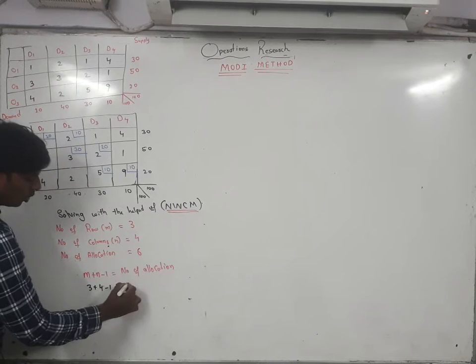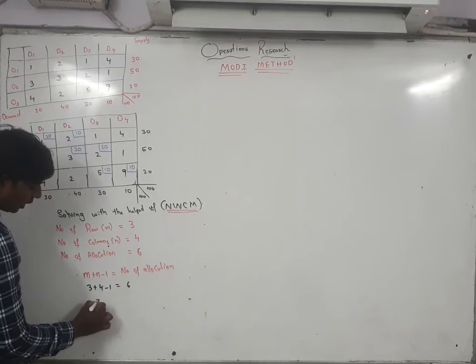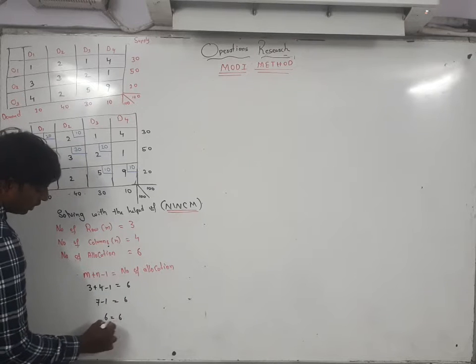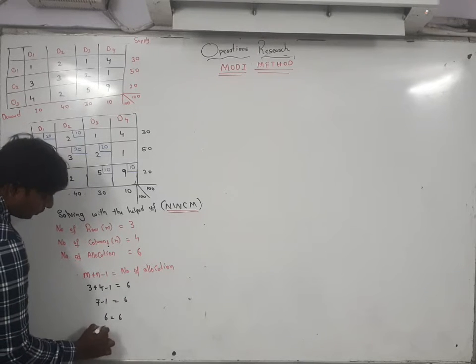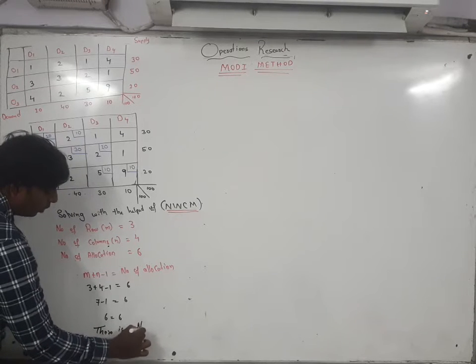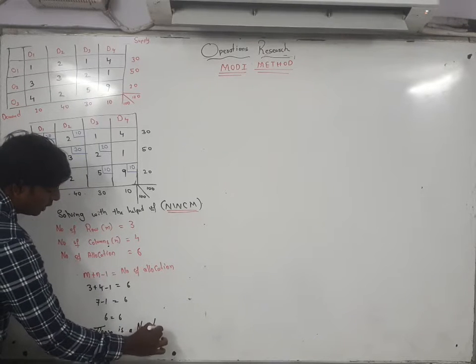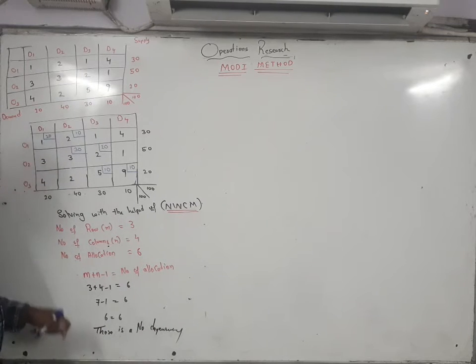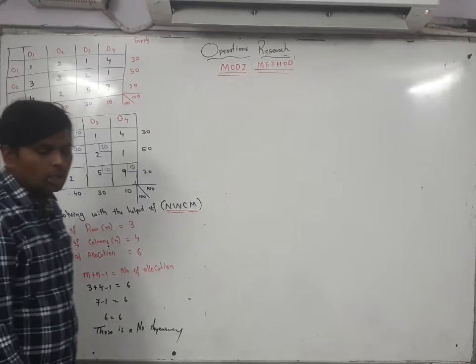Number of allocations is 6. So 7 minus 1 is equal to 6. 6 is equal to 6. There is no degeneracy.